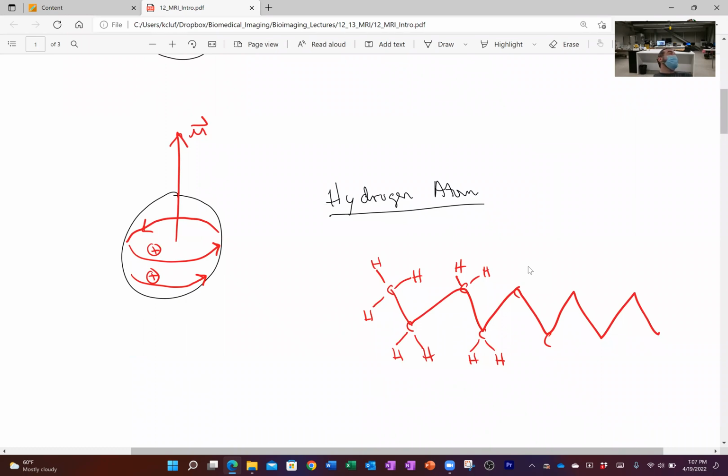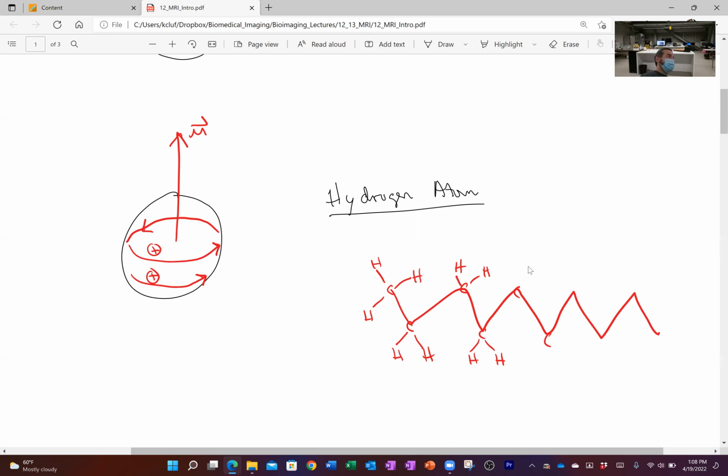As it turns out, this is essentially what happens in our body with a hydrogen atom. A hydrogen atom has a charge on it and it's spinning, and because it's filling a closed loop, it also has a magnetic moment. It produces its own little magnetic moment.